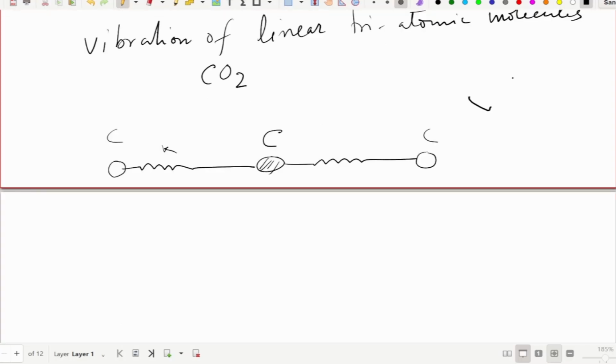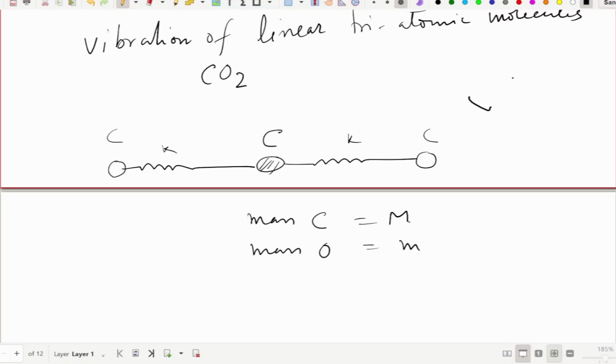Let us consider the mass of carbon is capital M and the mass of oxygen is small m. This is a well known mass spring system, and we are considering the vibration in a linear one dimensional motion for simplicity.